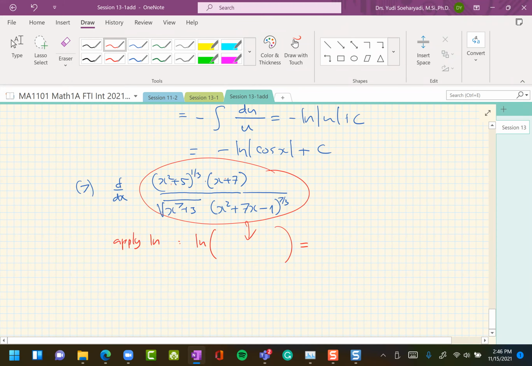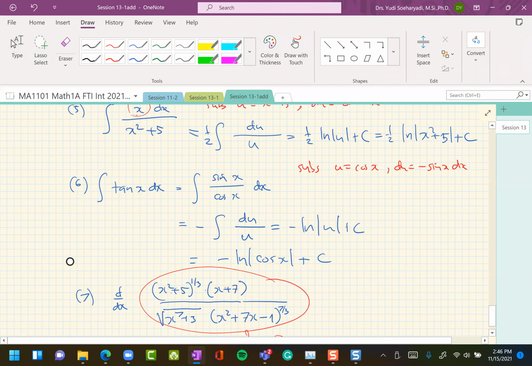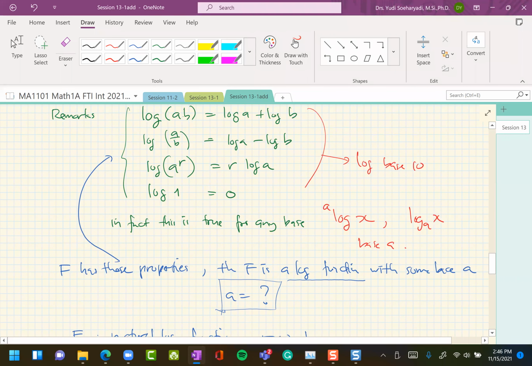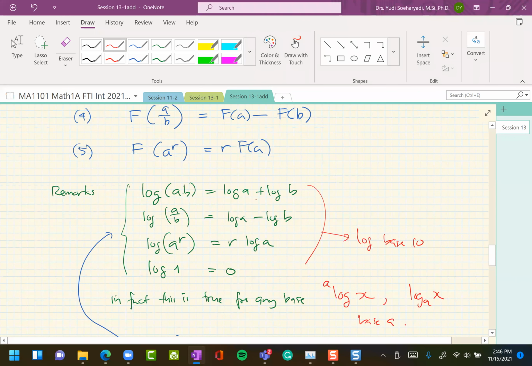This is a division. So you can use these properties of logarithm. If you have a product, then you have a sum. You have a division, then you have a difference. When you have a power, you can take the power out. Keep the log.